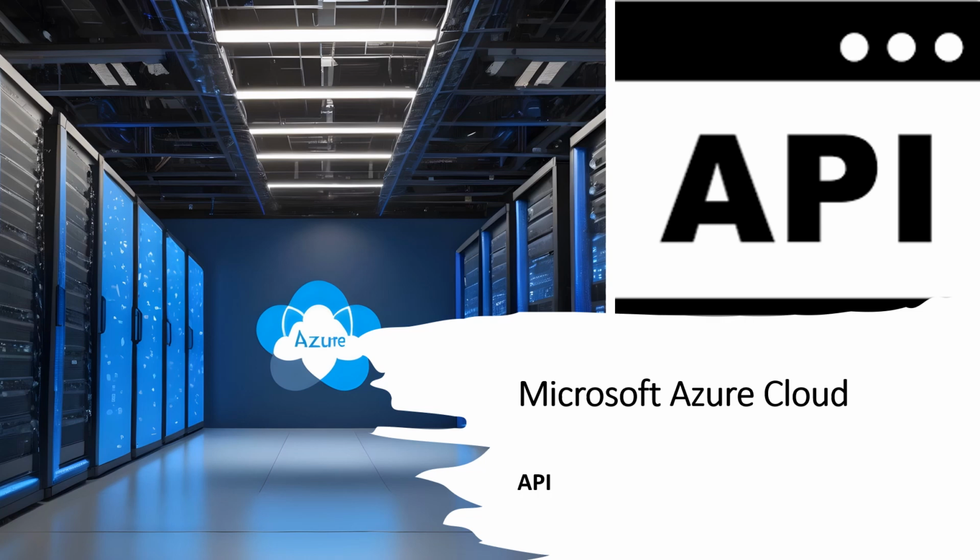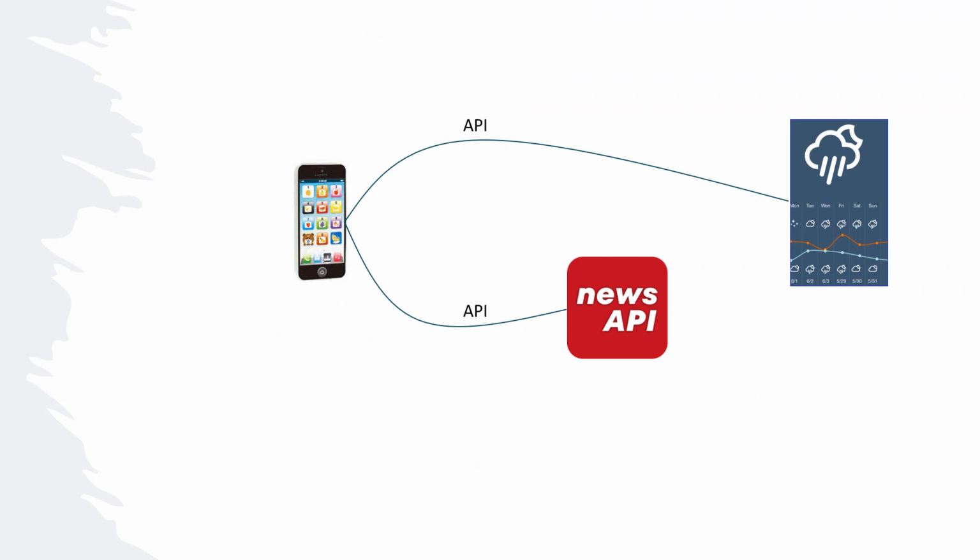Imagine you have a smartphone with various apps installed on it. Each app serves a different purpose, like checking the weather, reading the news, or sending messages. Behind the scenes, these apps communicate with servers or databases to retrieve the information you need.